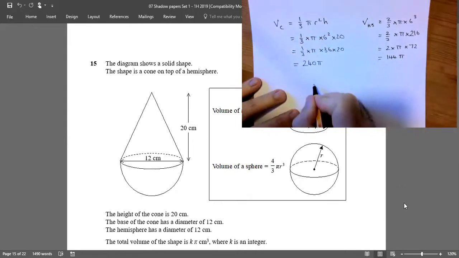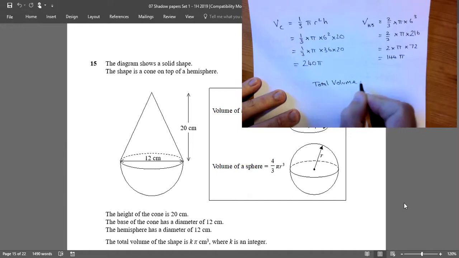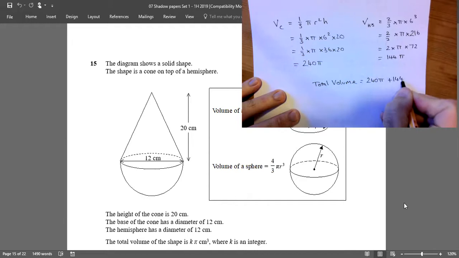So the total volume is 240 pi plus 144 pi, which equals 384 pi. So k is equal to 384.